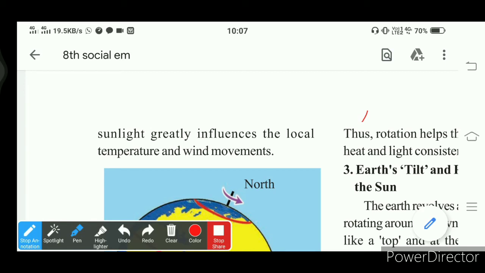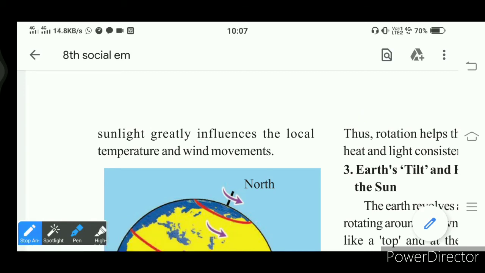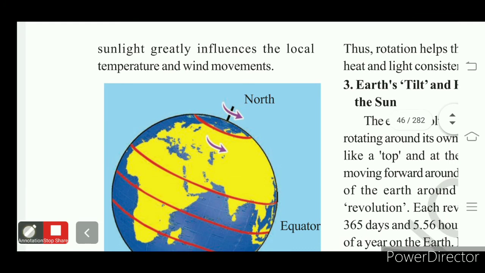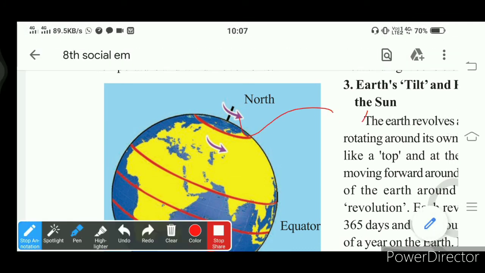That means for 6 months it is night, and for another 6 months it is day at the North Pole. As the sun rays do not fall vertically at the North Pole and South Pole, it is very cold. So these are called cold regions.